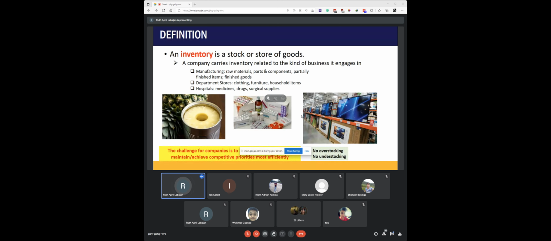So the items that they sell, like clothing, furniture, mga household items, they are all called inventory. And then when you go to the hospitals, although hospitals are service in nature, meaning they offer services, still they do carry inventory like medicines, drugs, surgical supplies, which they use to treat patients.